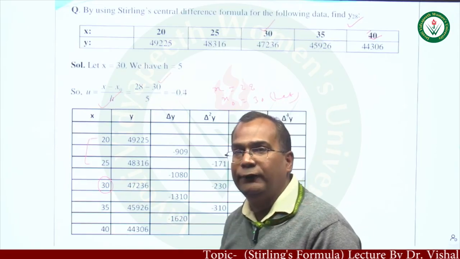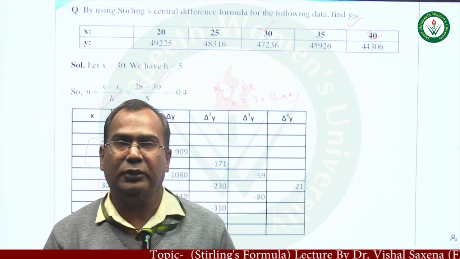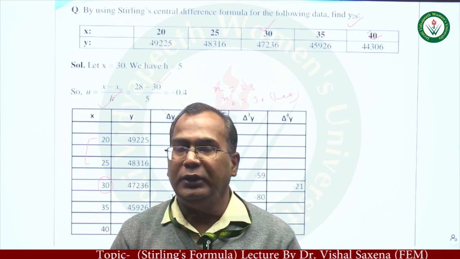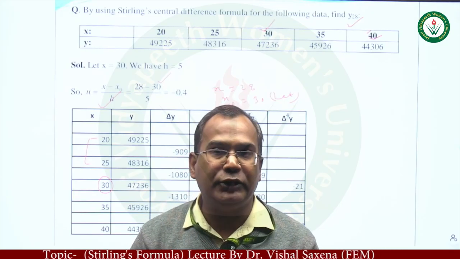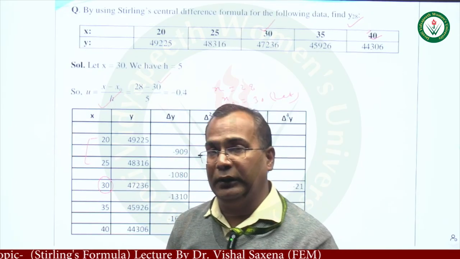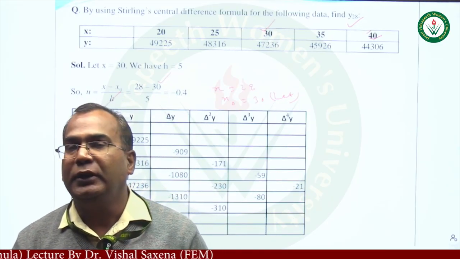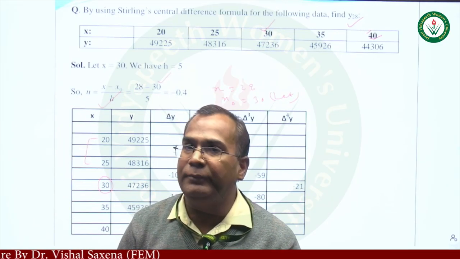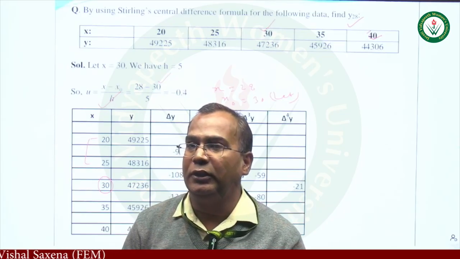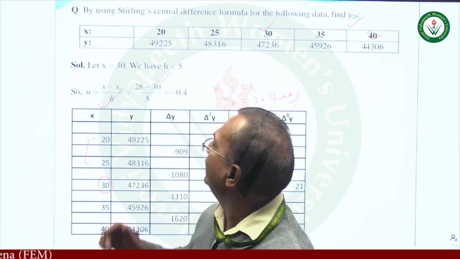Now we have to make a difference table, because we are using this Stirling's interpolation formula. This formula can be given in two different notations. We are presently using the forward difference operator, that is delta.